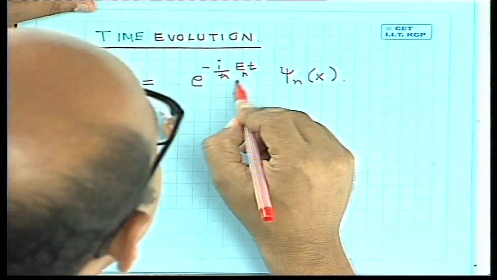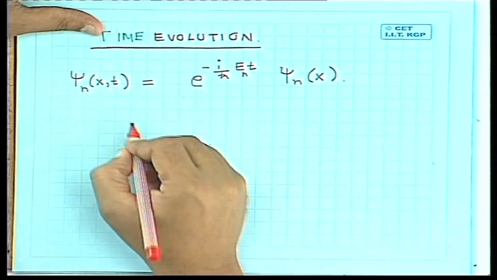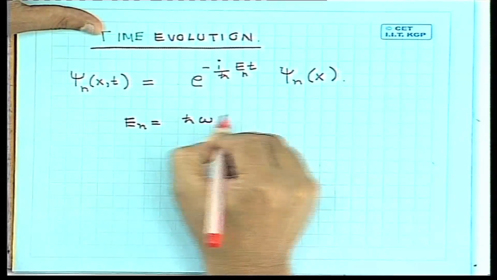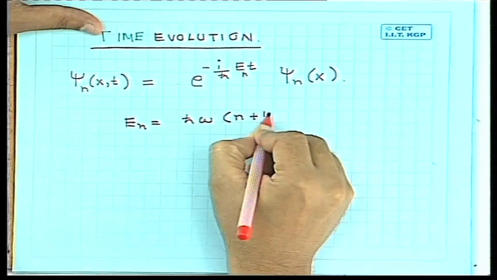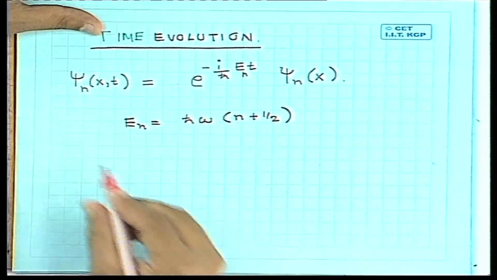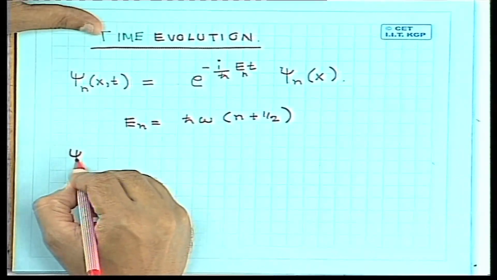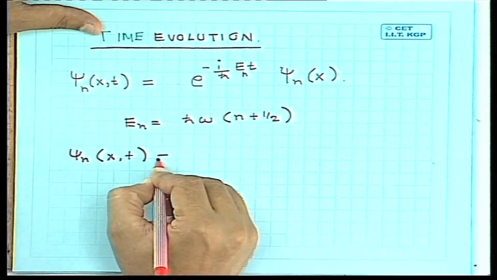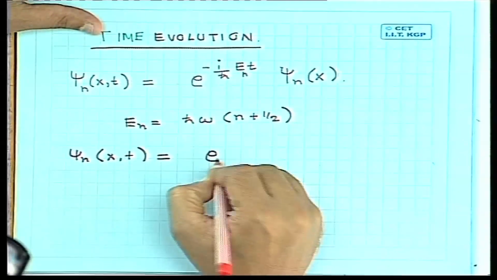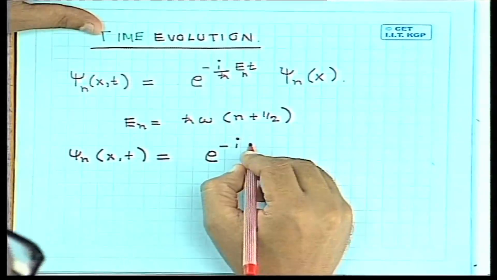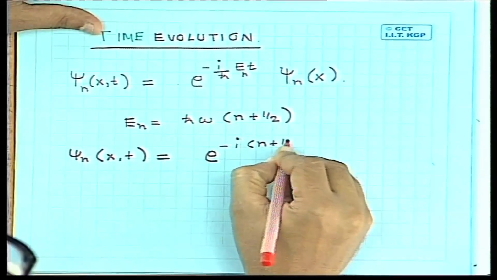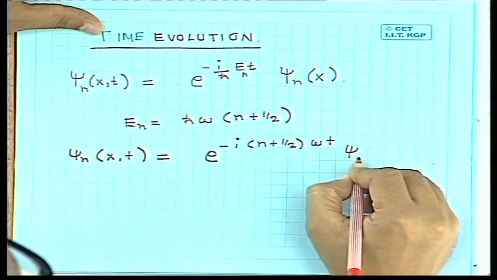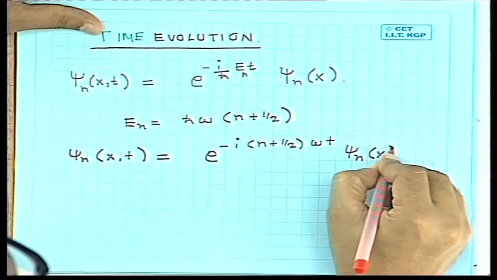And we also know that the nth energy level is equal to h cross omega times n plus half, which allows us to write this as e to the power minus i n plus half omega t psi n of x.